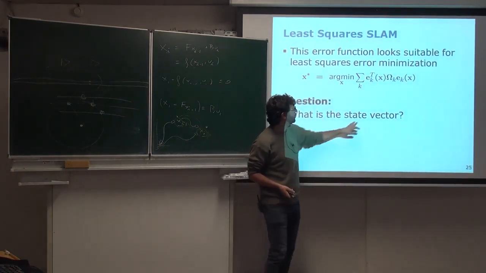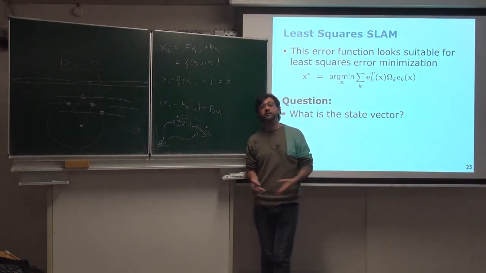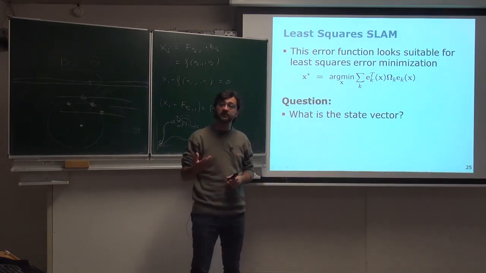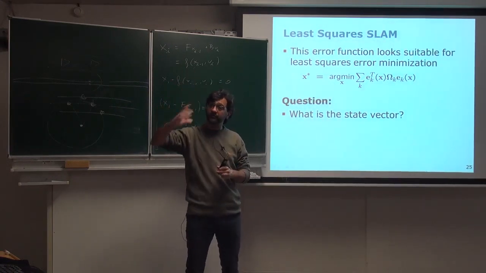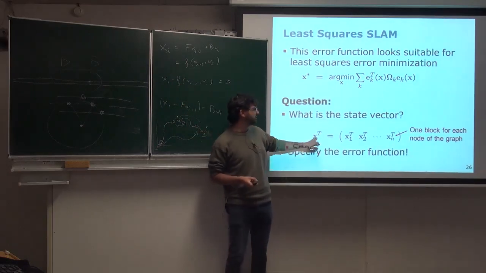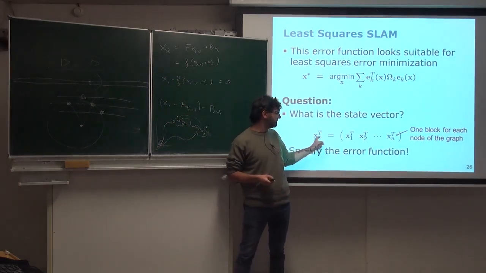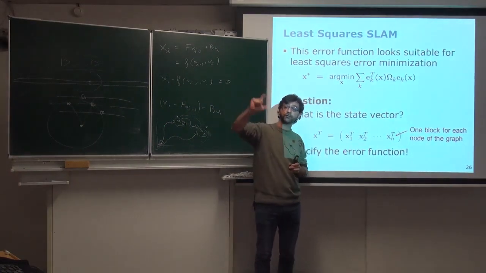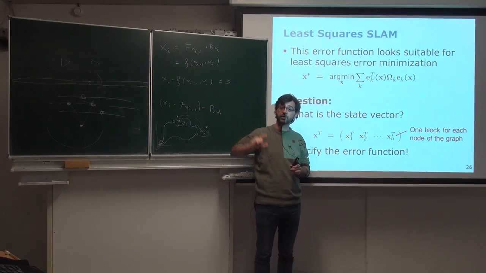But now, what is our state vector? We know already that our state vector is composed by the set of all the poses over time of the robot. So our state is a vector composed by stacking all the individual poses over time, one after each other.